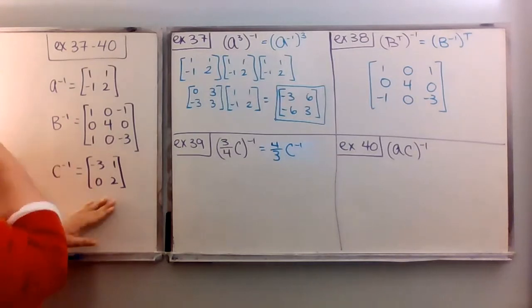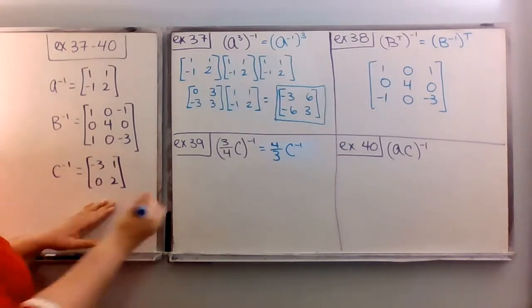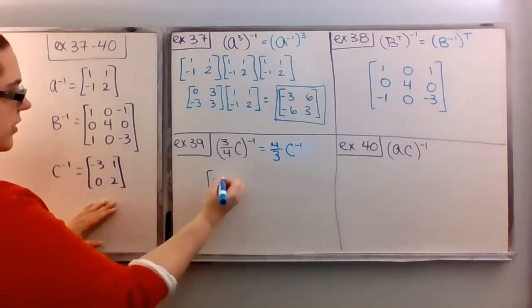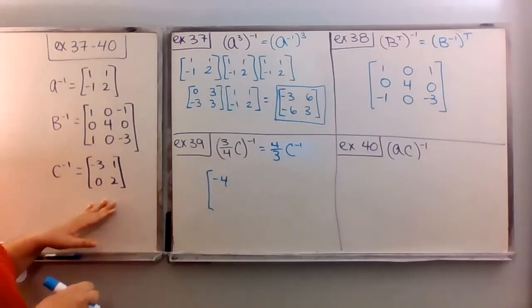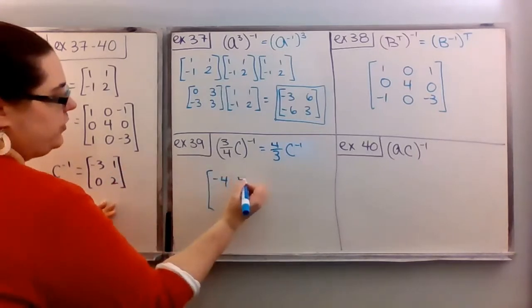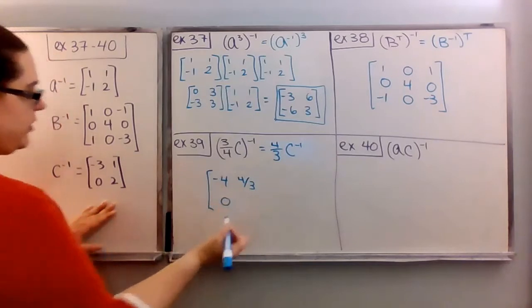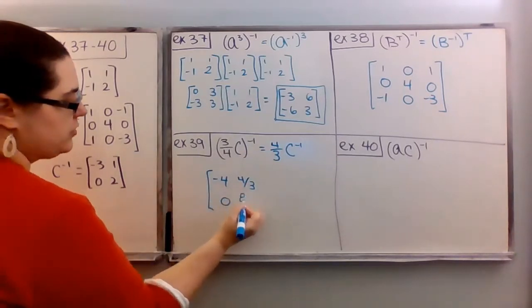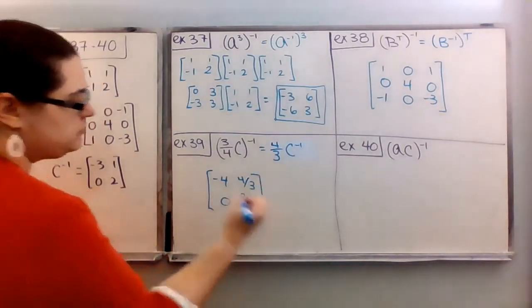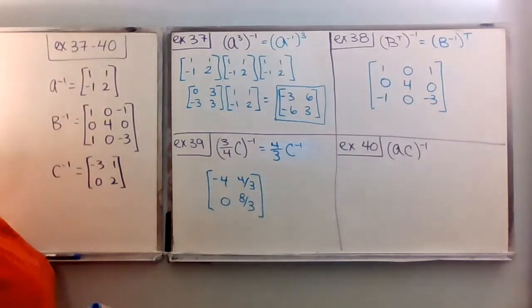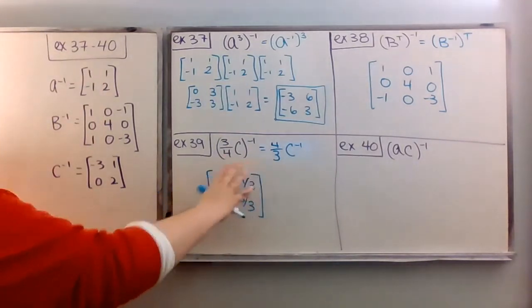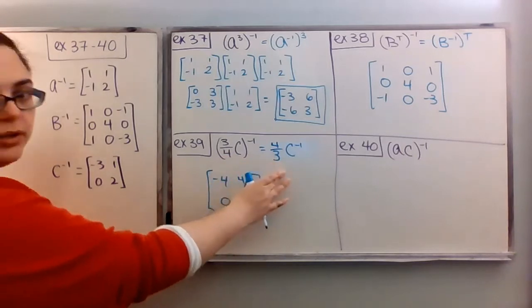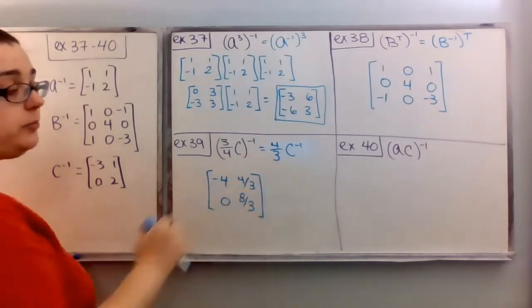So 4/3 times -3, those 3's are going to cancel. So I get a nice -4. Times 1 is itself, and times 0 is 0. And then times 2 is going to give me 8/3. There we go. So the trickiest part to a problem like this is remembering to do the reciprocal of the scalar value in front.